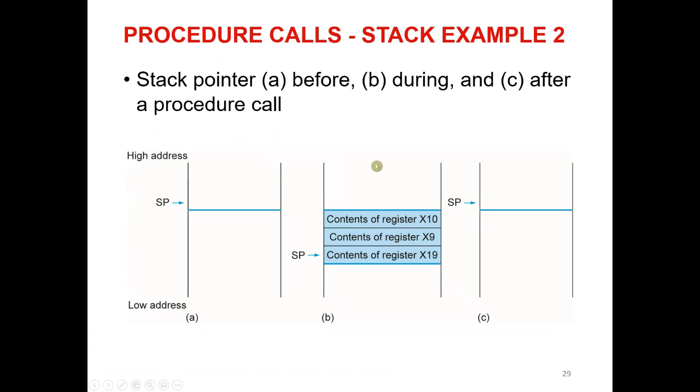Once I call my procedure, I store in the stack the registers I plan to use and that must be preserved on a procedure call. Once I finish the procedure call, I restore the stack pointer and I remove those elements. I also restore the value of those registers. Makes sense? Let me check if you have questions.